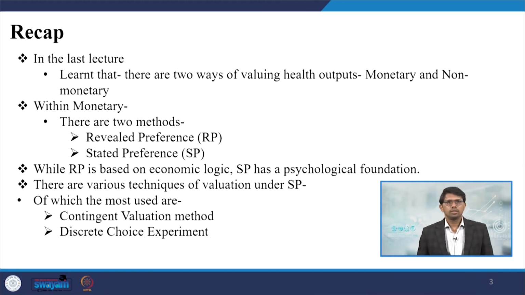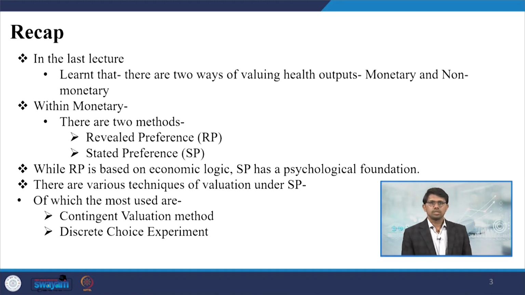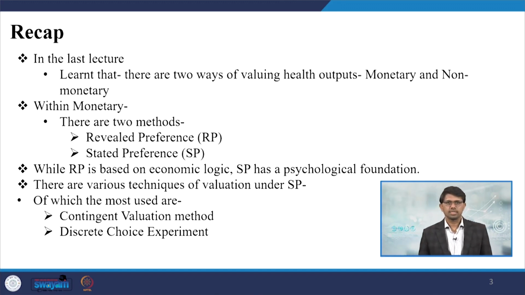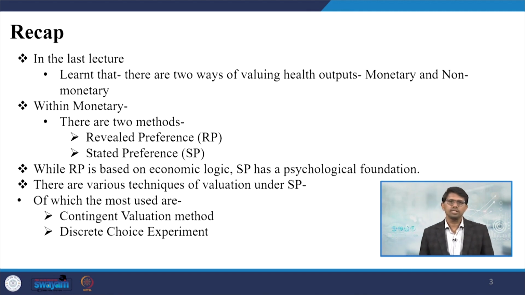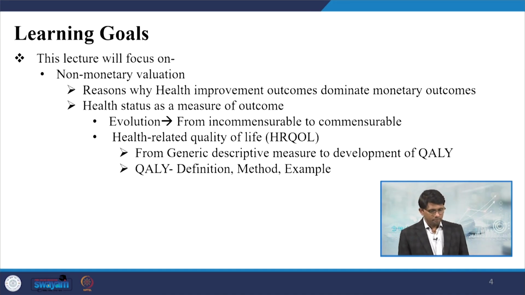While the revealed preference is based on economic logic, the stated preference has a psychological foundation. There are various techniques of valuation under stated preference, of which the most used are the contingent valuation method, and the second one is called the discrete choice experiment.